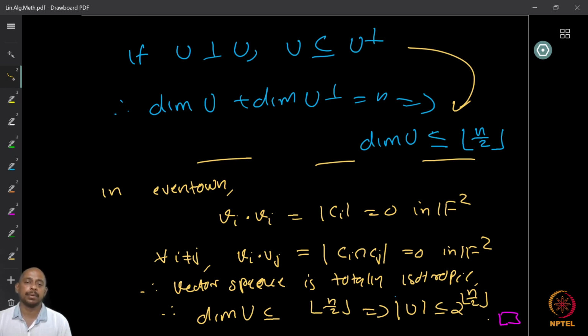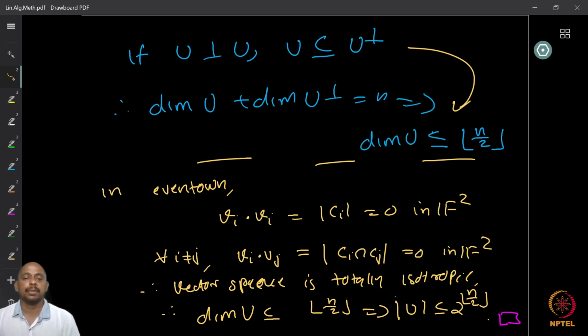It cannot be more than that, because the dimension of U is less than or equal to the dimension of U perp, and the sum is equal to n. So these are things that we can immediately get from a linear algebra book. Very basic results in the first few chapters you'll see.